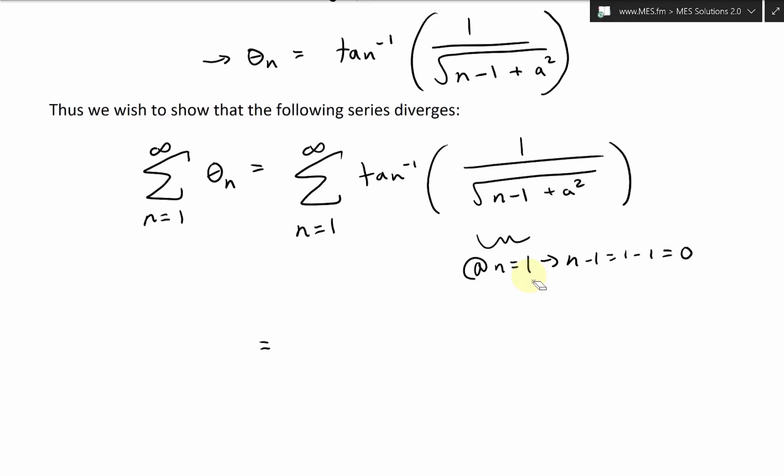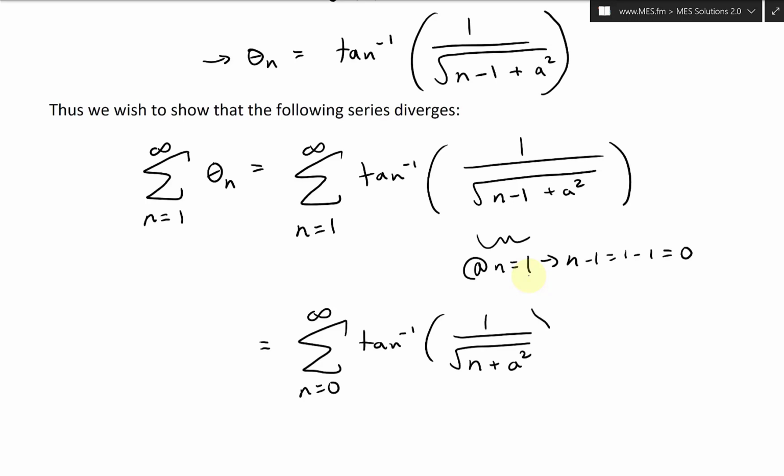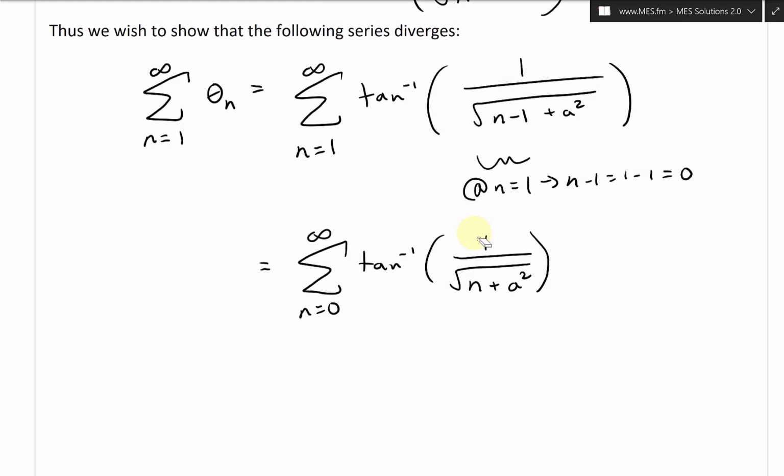So we'll write this, and get rid of that negative 1 there, from n equals 0 up to infinity of inverse tan of 1 over the square root of n plus a squared, like that. So it's the same thing. At n equals 0, this becomes 0, and at n equals 1 on the previous one, this becomes 0. Then you increment sequentially, 1 by 1 each time, so it's the same thing.